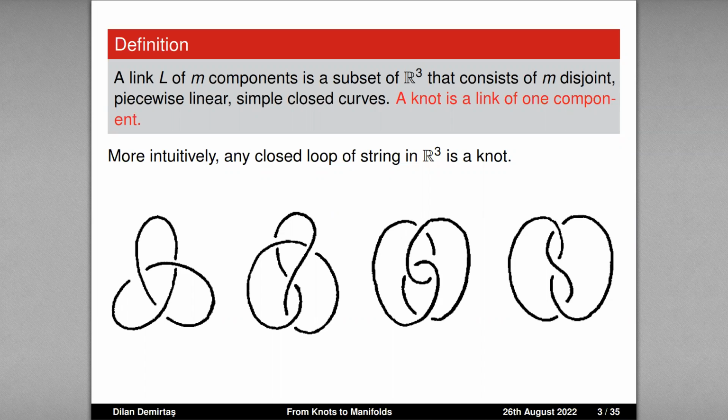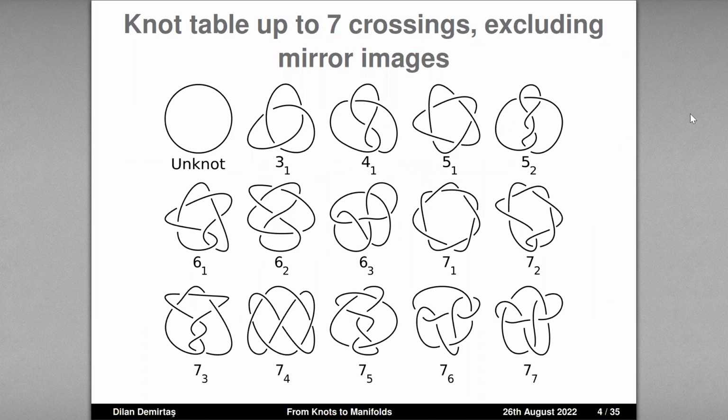And we define a regular diagram as the diagram of a knot with the least number of crossing points. This one has 4 crossing points, and this one too. But here we have the regular diagram of the trefoil knot with 3 crossings. From now on, we will only talk about regular diagrams of a knot.